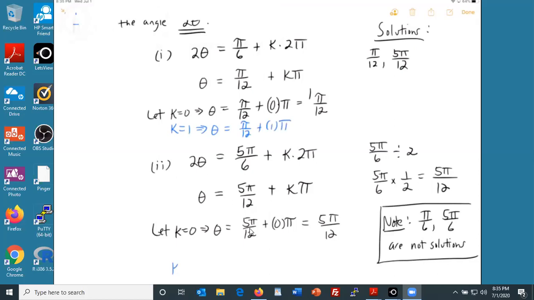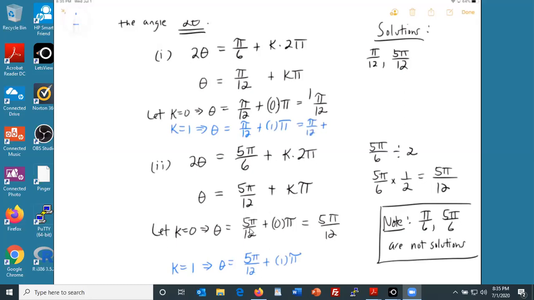And then down here, we'll get 5/12 pi plus 1 times pi. Now we got to add those fractions together. So we get pi over 12 plus, well, plus pi.